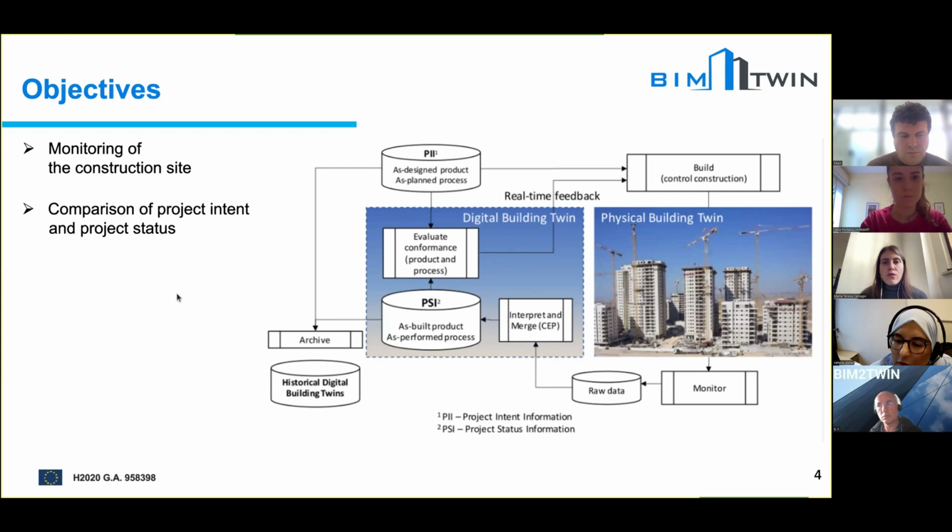And on the other side, we have the digital building twin. For the digital building twin, we will interpret and merge this raw data in order to extract some significant information. This information will provide us with the project status information, for example, the as-built project and the as-performed process.